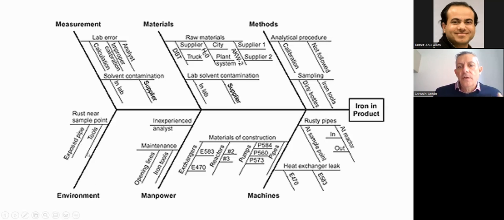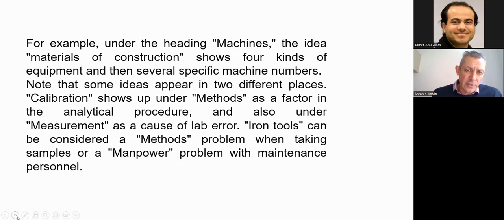So this is an overall in terms of different materials. Here, the materials of machines. However, there are other materials, raw materials, lab solvent contaminations. They come from here. So what is the conclusion about this explanation?